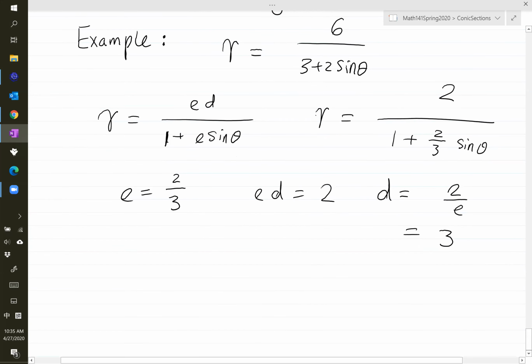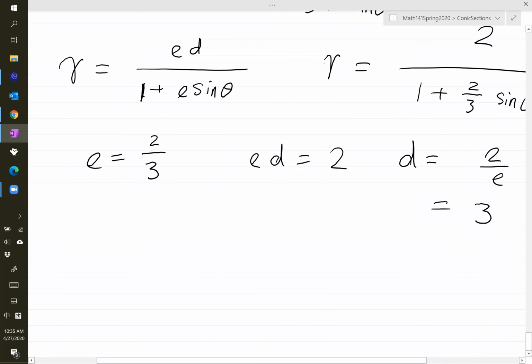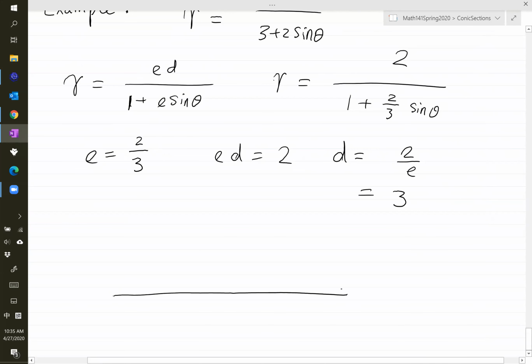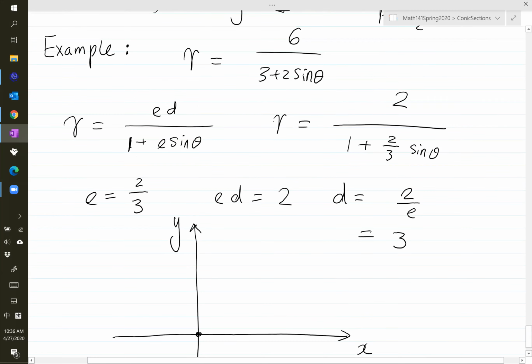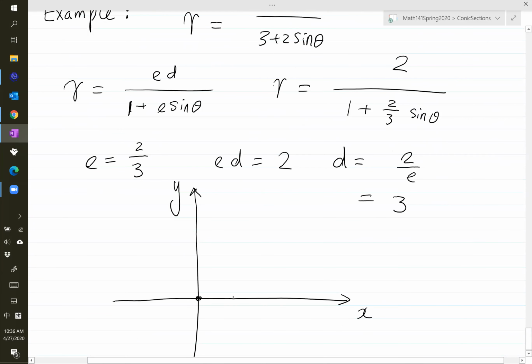We write it as ED, so we already have E and D. When theta is 0, what is R? When theta is 0, R is 2.